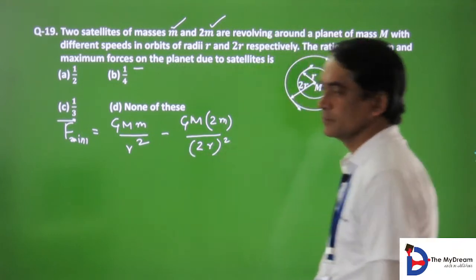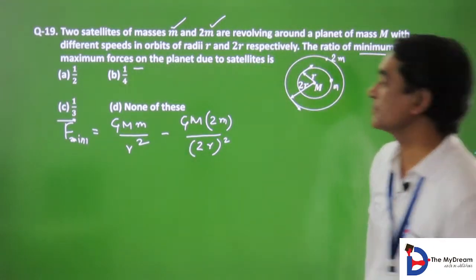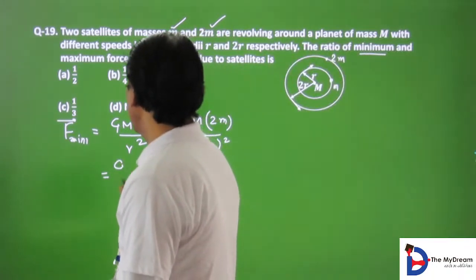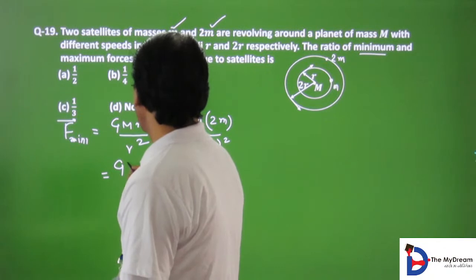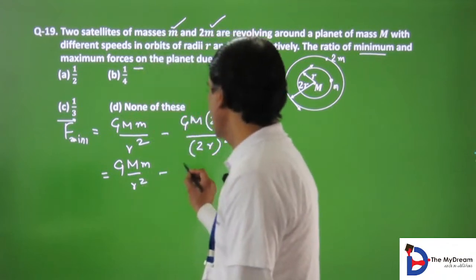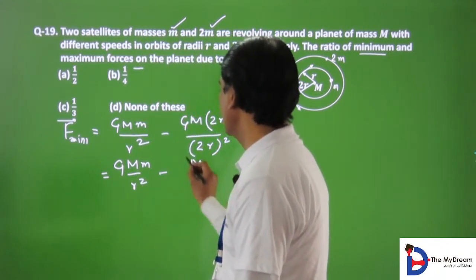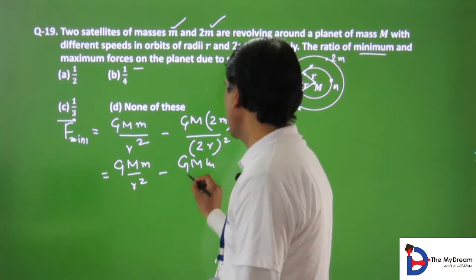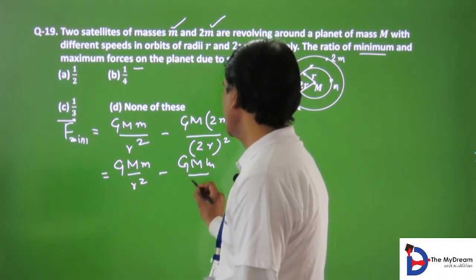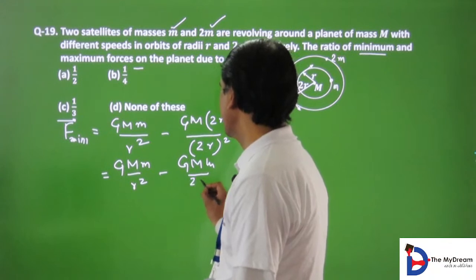समझे? Now G m small m by r square, this is G m small m by 2r square.